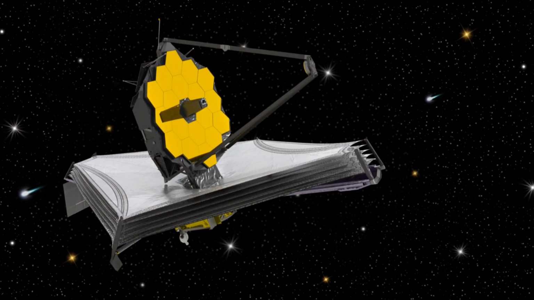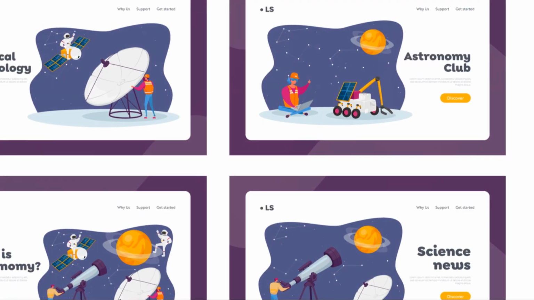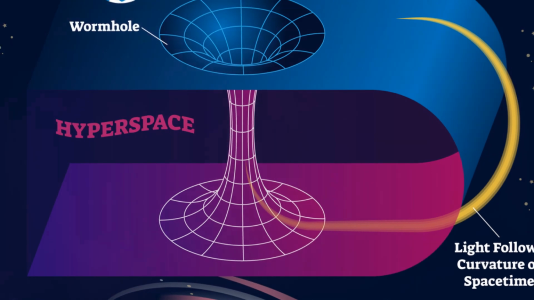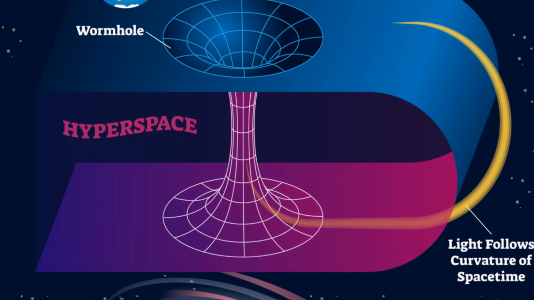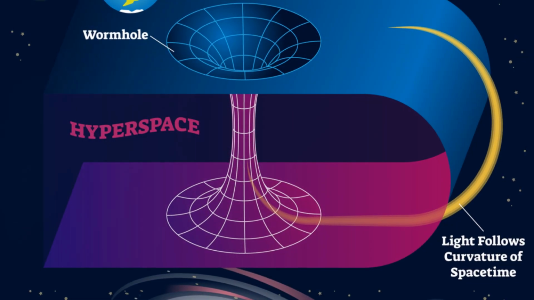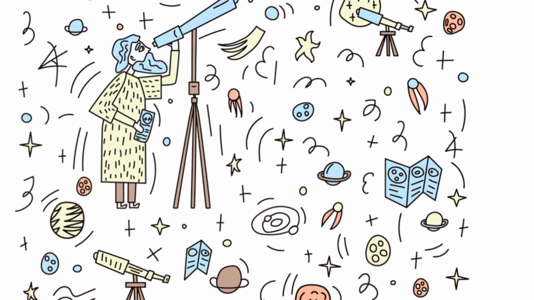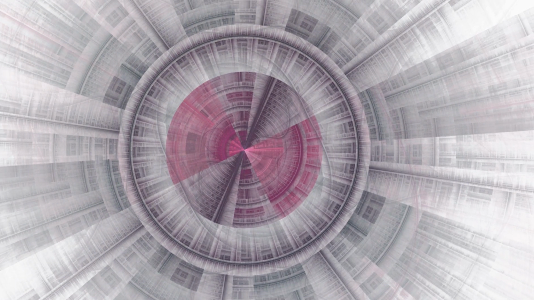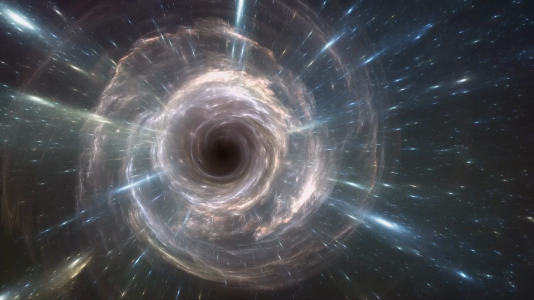We might need entirely new technologies and methods to even detect the faintest signs of a wormhole's presence. So, for now, wormholes remain a fascinating theoretical concept, but who knows? Maybe someday, with advancements in technology and our understanding of the universe, we'll finally unlock the secrets of these cosmic shortcuts.